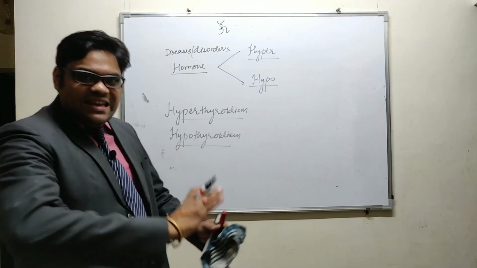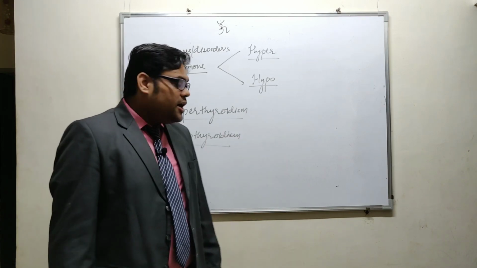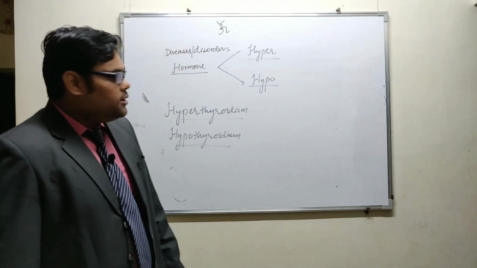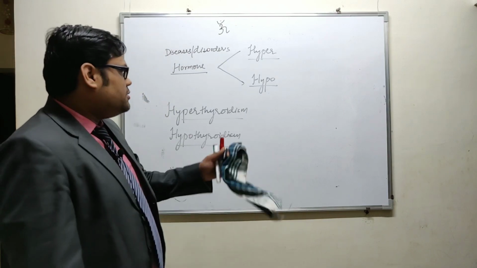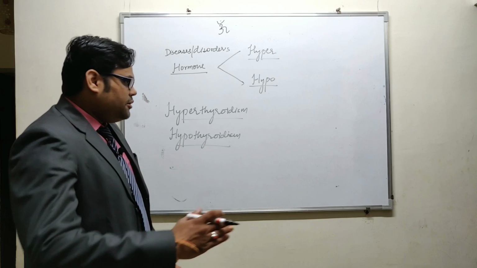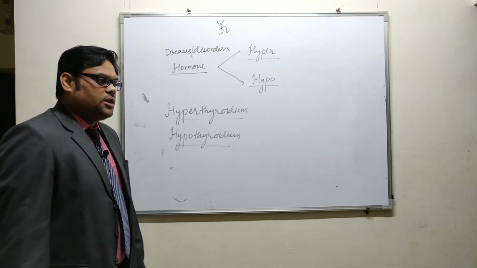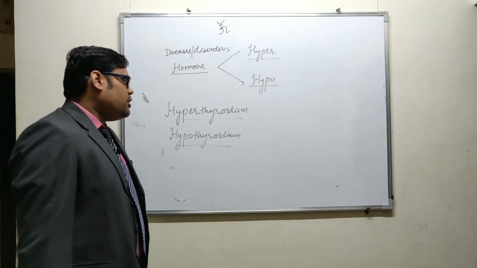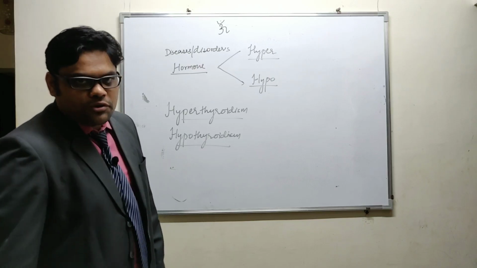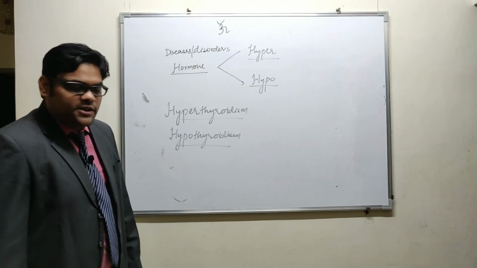Hyperthyroidism means an increase in the blood level of thyroxine. It leads to different types of diseases related to the thyroid gland, for example Hashimoto's disease and Graves' disease.